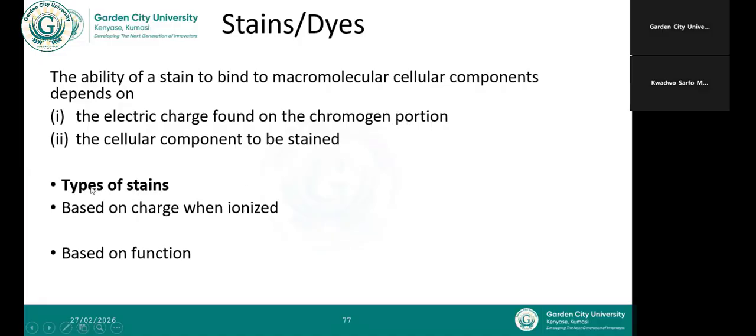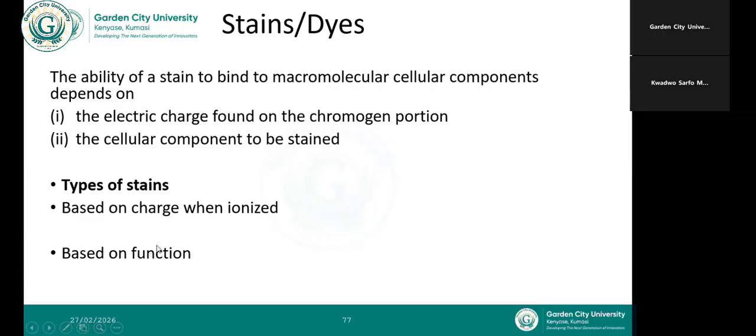So we can classify the biological stains based on the charge when they are ionized. The ionization is coming from the auxochrome. Take note. The chromogen is the organic solvent which contains the benzene plus the chromophore. You can also classify the biological stains based on the function, what they are used for.